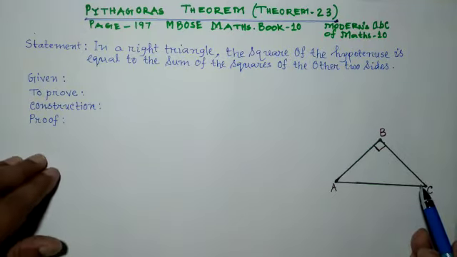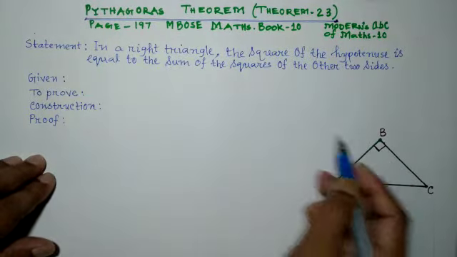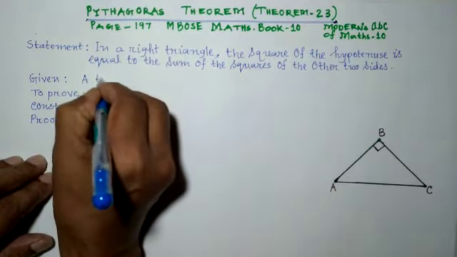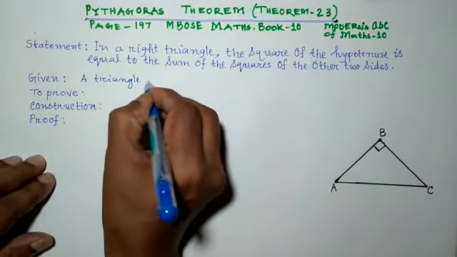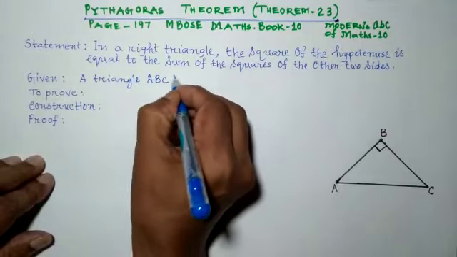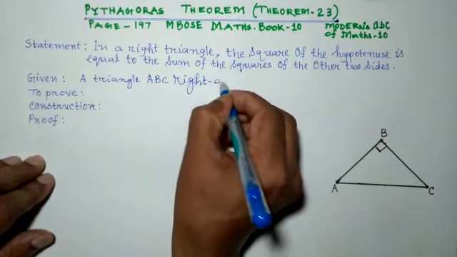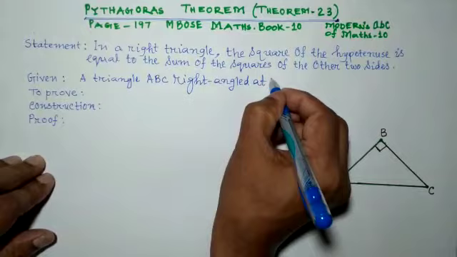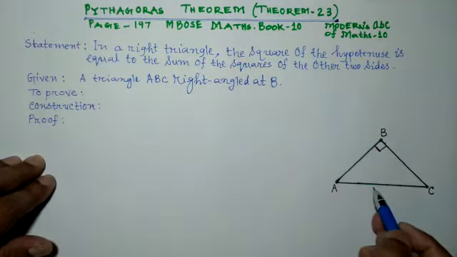So we can write, given a triangle ABC right angled at B. From right angle, the opposite side we call hypotenuse.